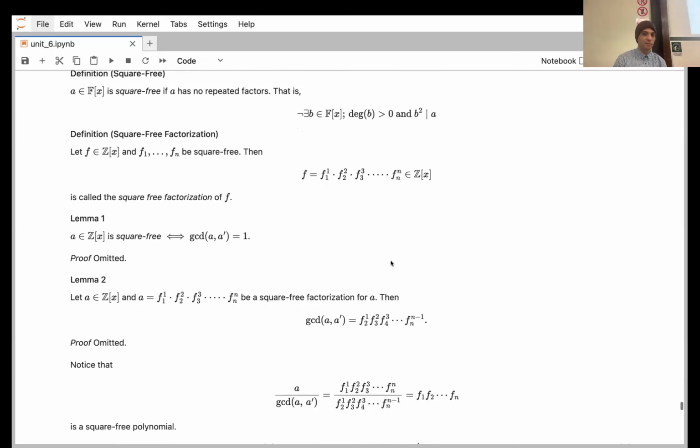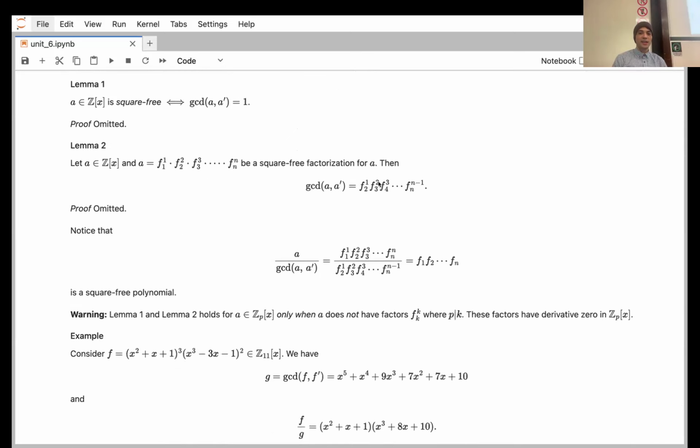And then we got this amazing property that the GCD of A and A prime, if A has this square-free factorization, is this polynomial, which is effectively A with all of the powers reduced by 1, and in particular, F1 disappears. Well, why is that useful? If I take the GCD of A and A prime and I divide A by it, what we get left is a square-free version of A, right?